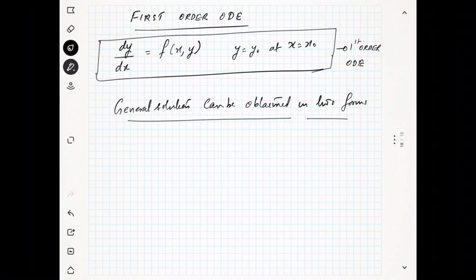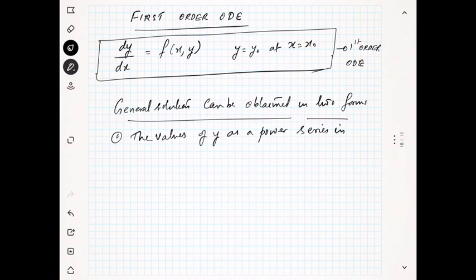One is the values of y as a power series in x, because x is the independent variable. So we will get something like a power series, for example y equal to 1 plus x square plus x cube plus something like this, like a polynomial or a power series, maybe y is equal to e power x. So we will be getting the solution in that power series form.